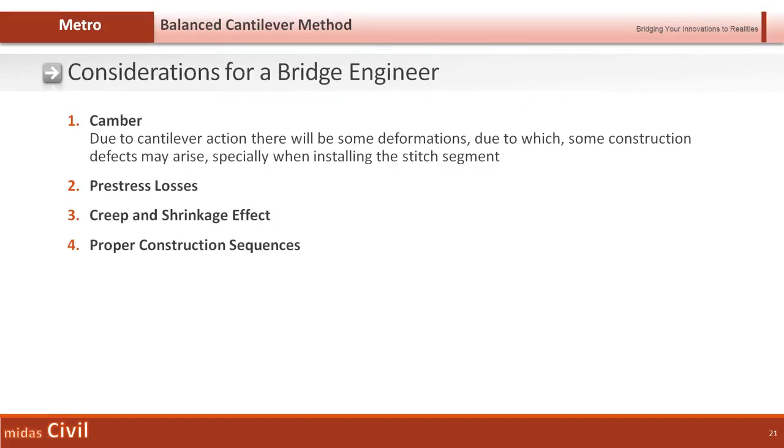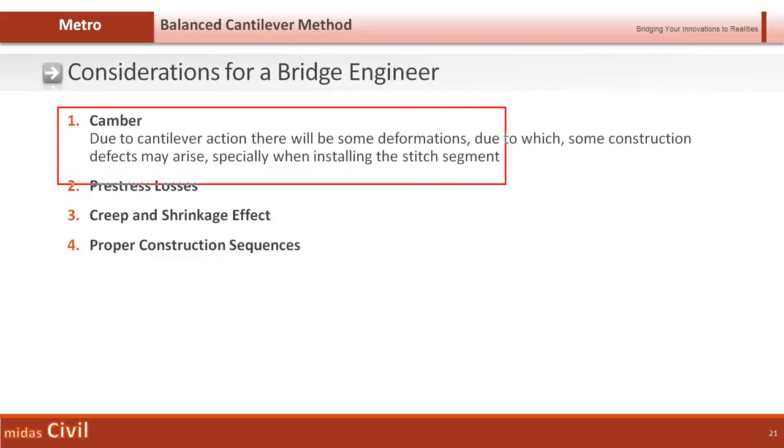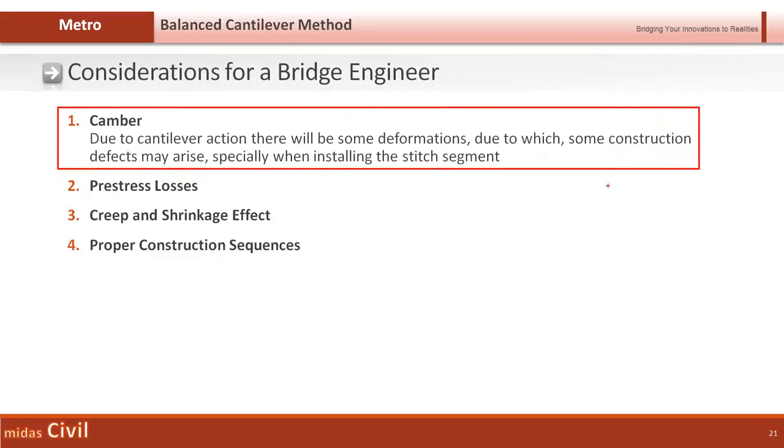We have discussed the advantages of balanced cantilever bridge, but there are some considerations for a design engineer also. One of the major considerations is the camber effect. So why does the camber effect come? As you remember, we had two piers, right? So we start by constructing the segments on each pier one by one.